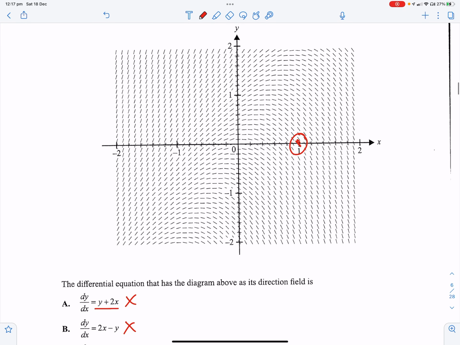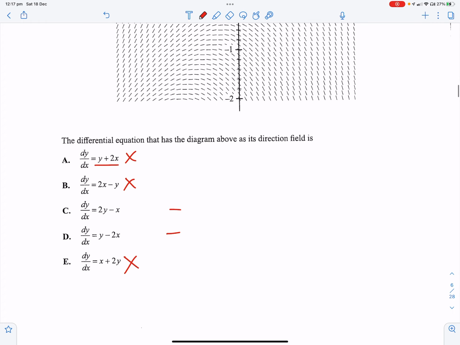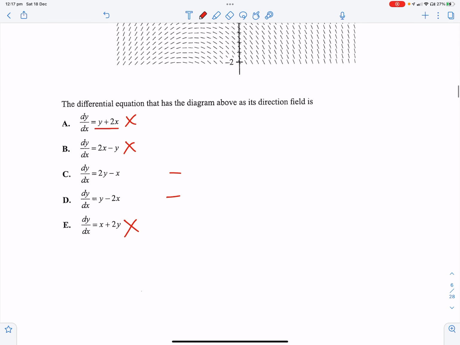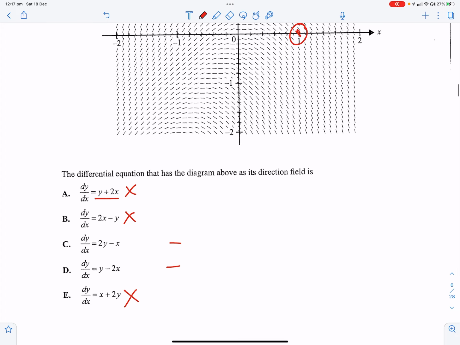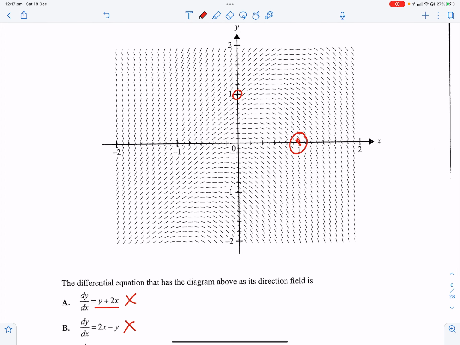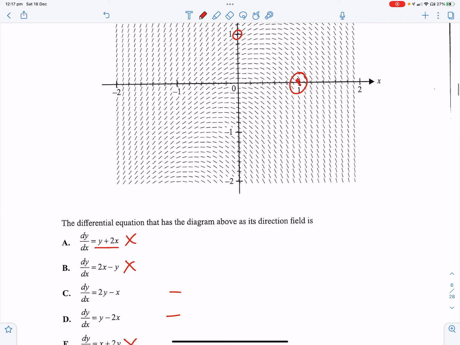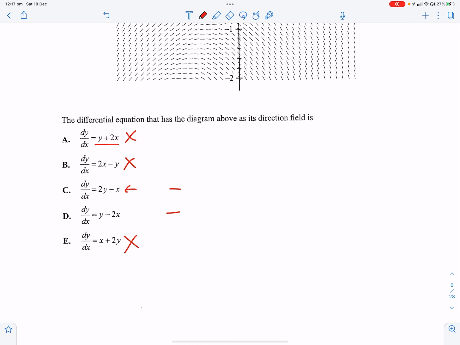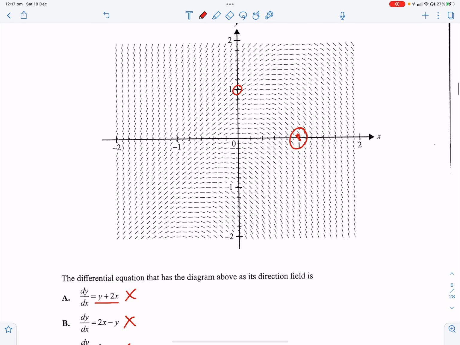We could choose another point, 0, 1. That's got to be positive. So x is 0 and y is 1. That's positive and that's positive, so that's no good to me.